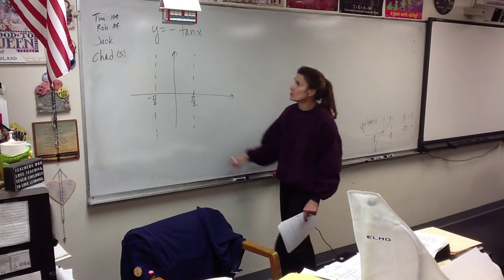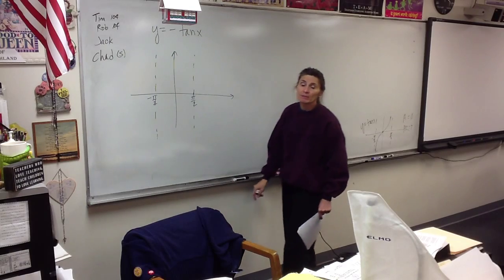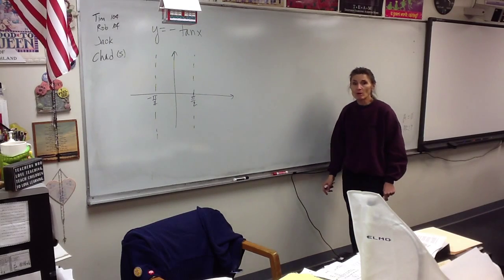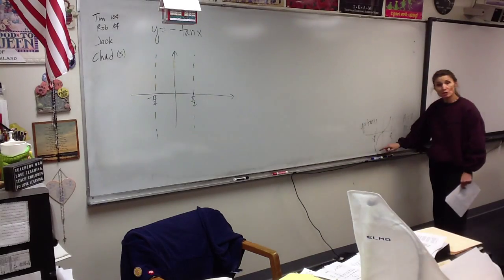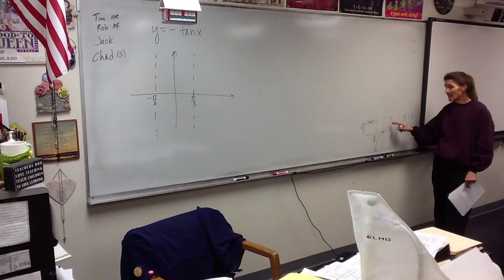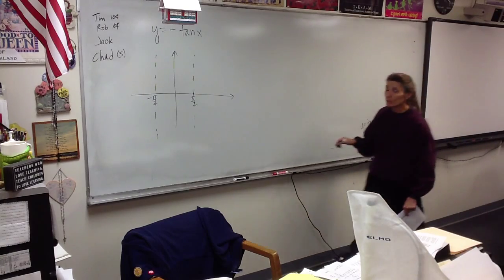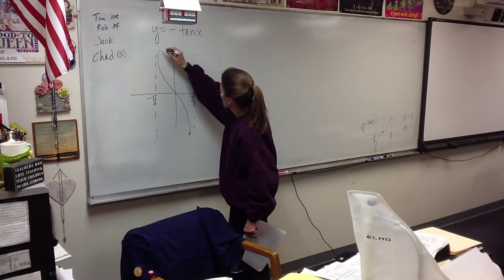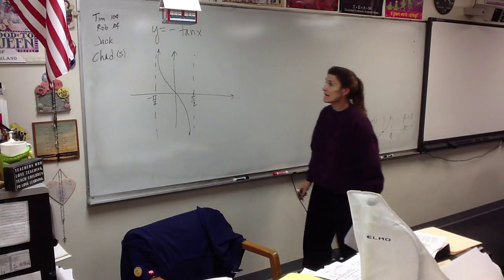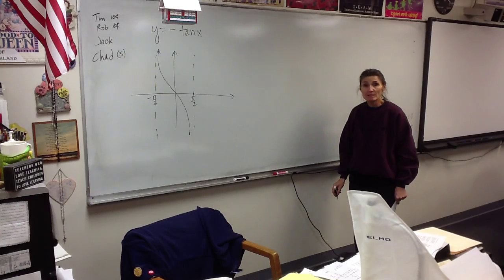What did change, though, is you have a negative. Remember that a negative in front of your function turns it upside down. So instead of the tangent starting down and ending up, it is going to, you guessed it, start up and end down. So that is how you would graph a negative tangent.